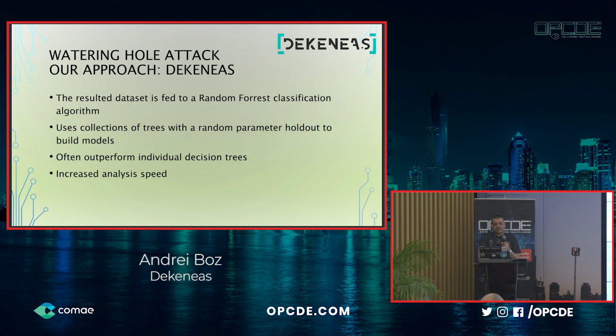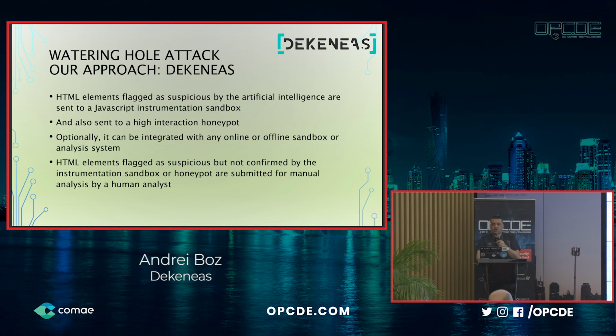The resultant data set is fed to a random forest classification algorithm because a random forest uses a collection of trees with a random parameter holdout to build models, which in many cases outperforms individual decision trees. This gives us increased analysis speed, so we can analyze like 1 million URLs in 24 hours. Also, the HTML elements flagged as suspicious by the artificial intelligence are sent to a JavaScript instrumentation sandbox.